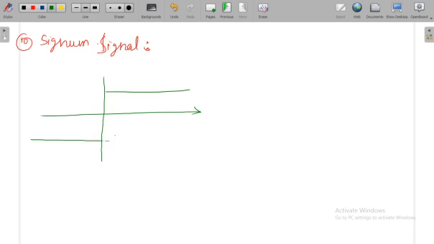So this is minus 1, this is plus 1, this is the 0 axis, t. This is called sgn of t. What is the meaning? Sgn of t gives you plus 1 when t is greater than 0, and minus 1 when t is less than 0.